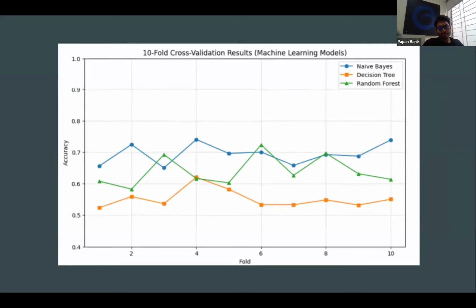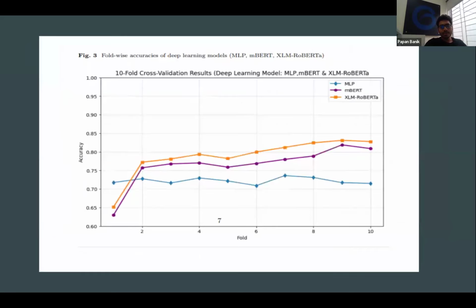This is the result for machine learning models, and this is the result for deep learning models, like multi-layer perceptron and embedded XLM-RoBERTa. Here you can see that the first fold result is very low, but after tenfold, the result is very high in these cases. So this is the result for deep learning models.